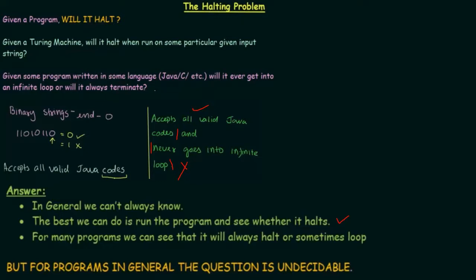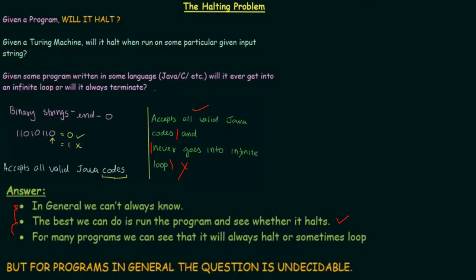Given some program written in some language, will it ever get into an infinite loop, or will it always terminate? For many programs it will always halt. Sometimes it may go into an infinite loop. It totally depends on whether it goes into the infinite loop or not. We never know. We just have to test it. And in general, we cannot always know.